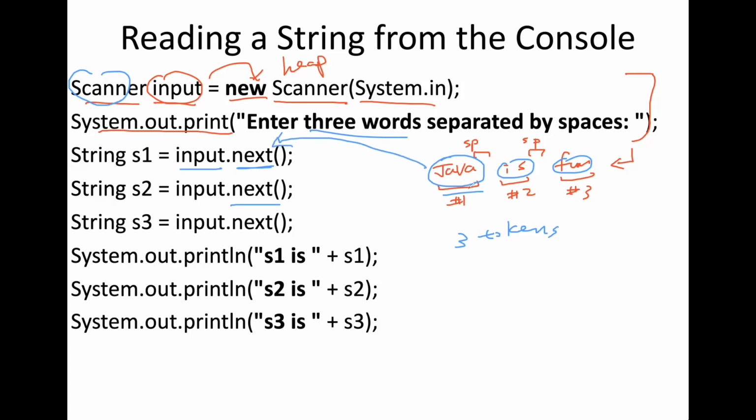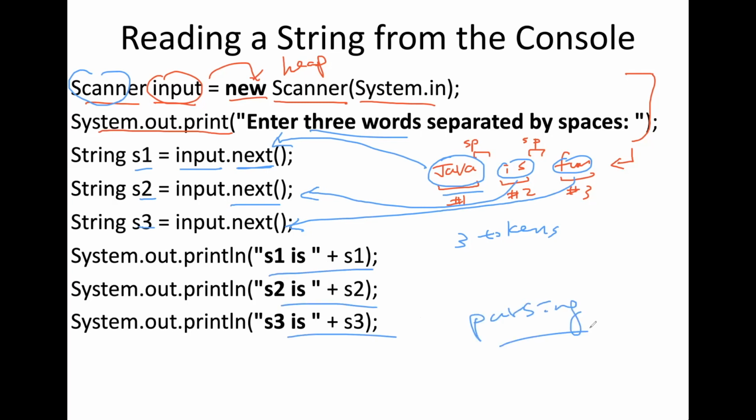So the first token goes here, the second token goes here, and the third token goes here. They're stored inside s1, s2, and s3 respectively, and then you can print them out. This is a nice way of parsing, which means getting the tokens out of a whole bunch of text delimited by spaces. So this is one way of reading individual tokens or string words from the console.